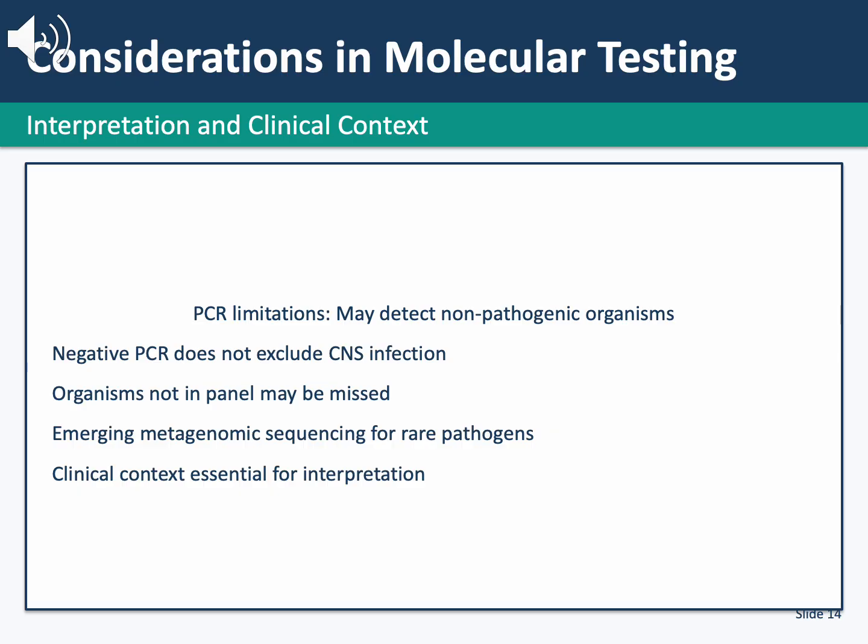Negative PCR does not exclude CNS infection, particularly for organisms not included in the panel or for rare or unexpected pathogens. Emerging unbiased metagenomic sequencing may help identify rare or unexpected pathogens, but is not yet widely available. The clinical context, CSF profile, and imaging findings must be considered together with molecular test results to reach a diagnosis.